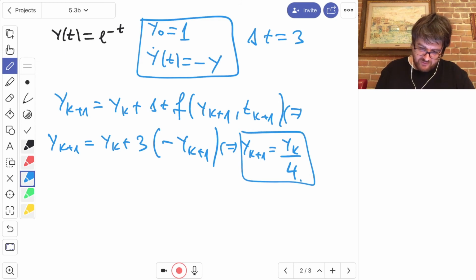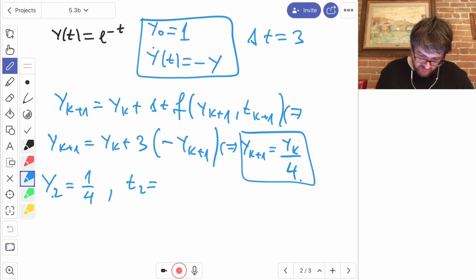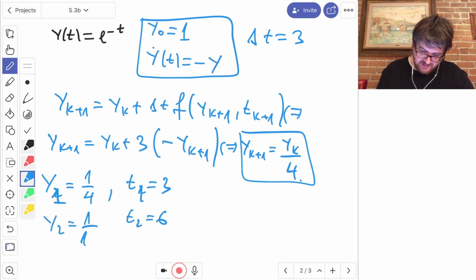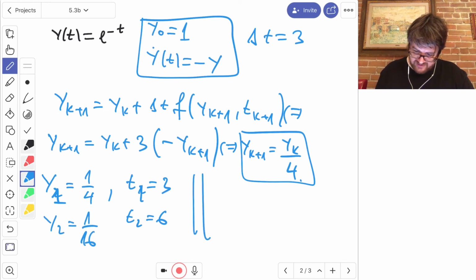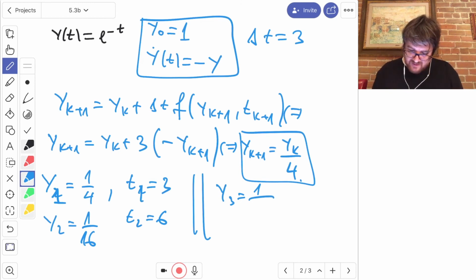So now I can do y1, t1 equals 3, is 1 over 4. t2 equals 6, y2 equals 1 over 16. y3 is going to be 1 over 64, and t3 equals 9.